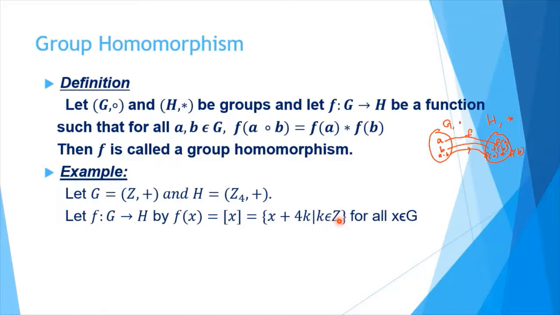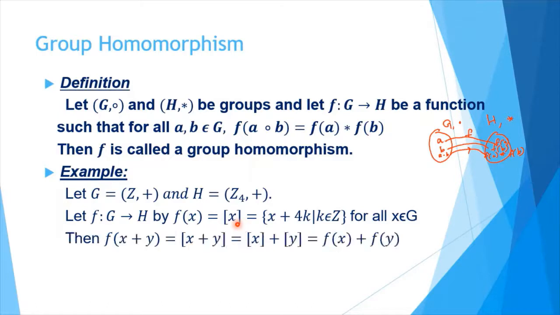So, for each element of the set Z, that is integers, we define f(x) equal to the class of x. Then we may note that f(x + y) is equal to the class of x + y. Here x and y are integers, and you add those two integers, and then the mapping will be the class of x + y. But this is equal to class x plus class y.